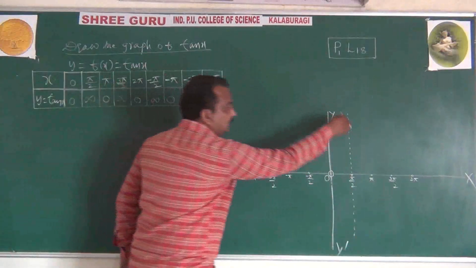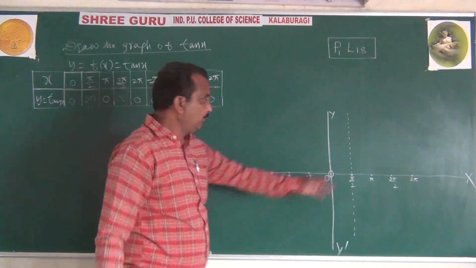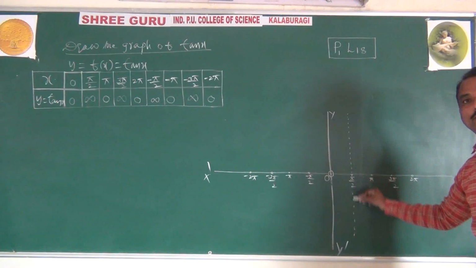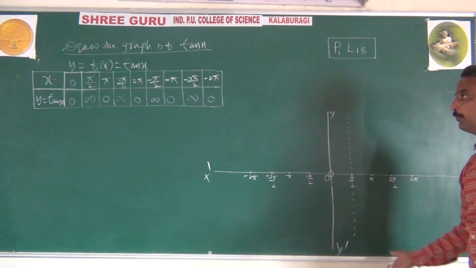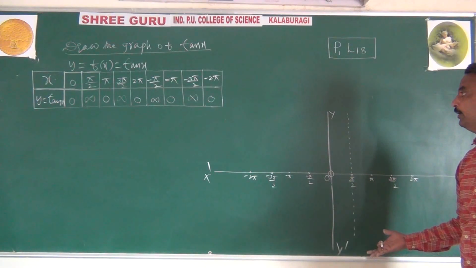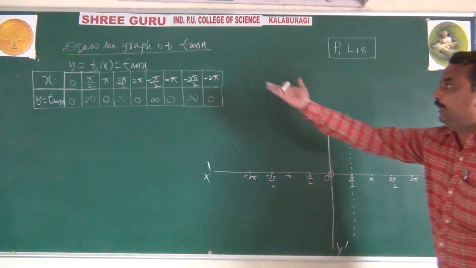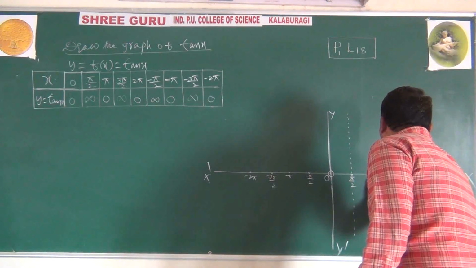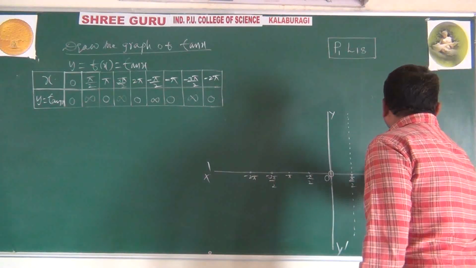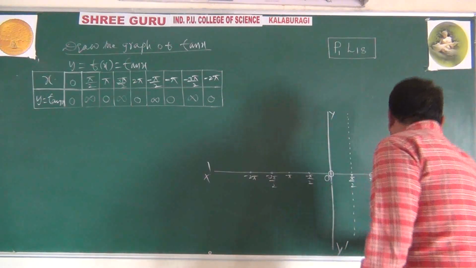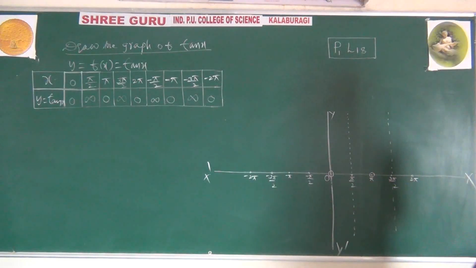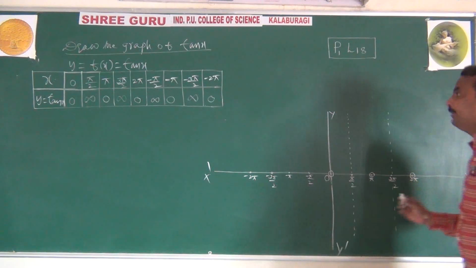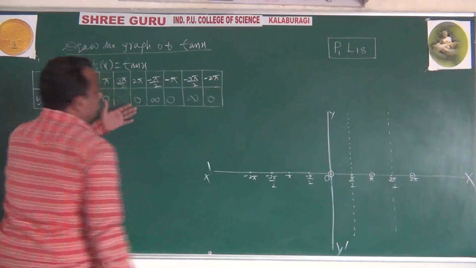Like that we are taking a dotted line at that particular x value, pi by 2, because you don't know whether above or below where it will stop; infinity values. Then at pi it is 0. At 3 pi by 2, again infinity, so again a dotted line is taken. Then at 2 pi it is 0.